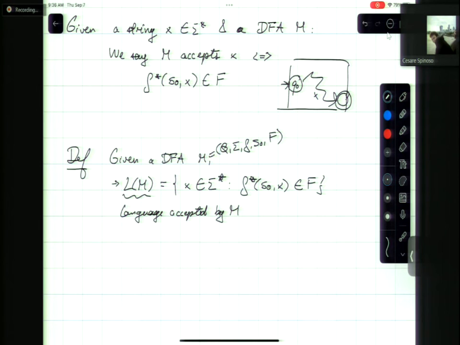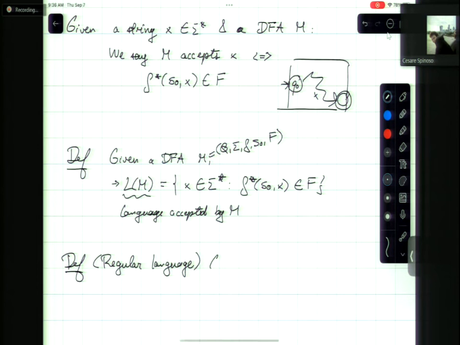Okay, good. And so now that we have this nice piece of information, I can talk about the very first class of languages. It turns out that languages are sets of strings, and some of these sets of strings are very easy to accept. It's very easy to create a DFA that accepts them. Others are very tricky, and others are sort of impossible. So there's some languages where there doesn't exist a DFA that accepts them. But for the languages that do have a DFA that accepts them, they have a special name, which is regular.